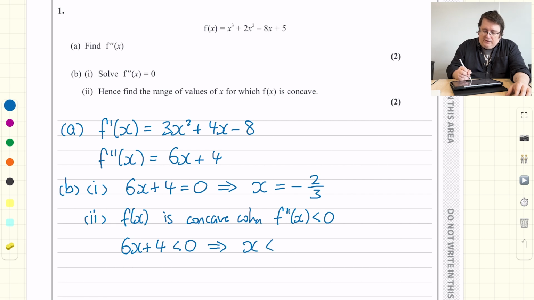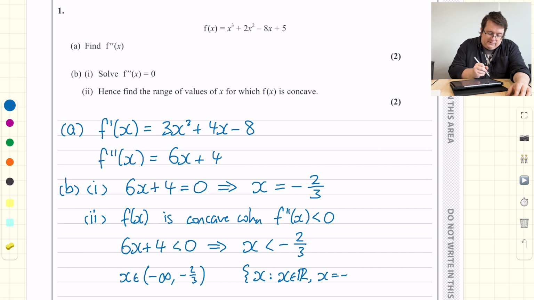So x is less than minus 2/3. And you could write that just as that inequality, or you could write it in interval notation, like so, or you could write it in set notation, x is less than, rather. Just going to go for equals there.